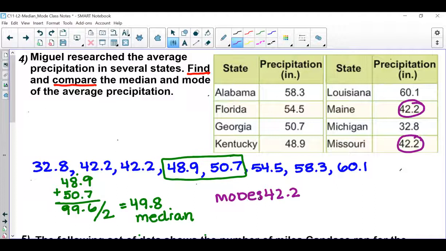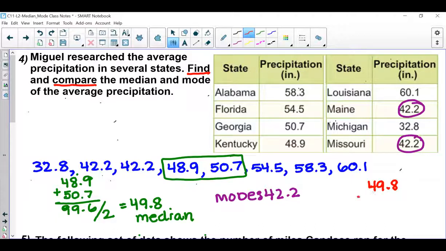All right, so now we have found the median and we have found the mode. What we have not done is compared them. When we're comparing the measure of center, which is the median, to the mode, there's a couple things that I could do. If I'm comparing the two, the median is 49.8.